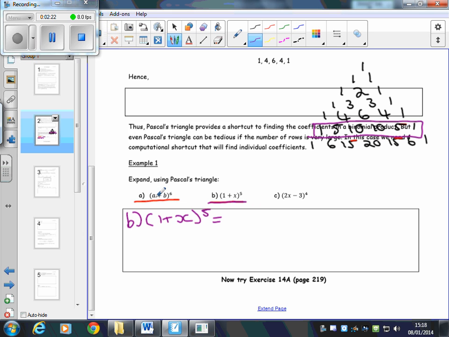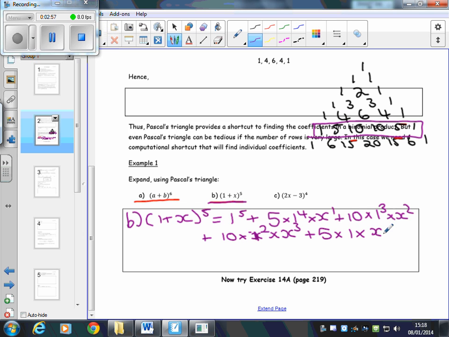So now, everywhere where there was an a before, that's going to be replaced by a 1. So, at first, we'll have 1 to the power of 5 plus 5 lots of 1 to the power of 4 times x to the power of 1 plus 10 times 1 to the power of 3 times x squared plus 10 times 1 squared times x to the power of 3 plus 5 times 1 times x to the power of 4 plus x to the power of 5.